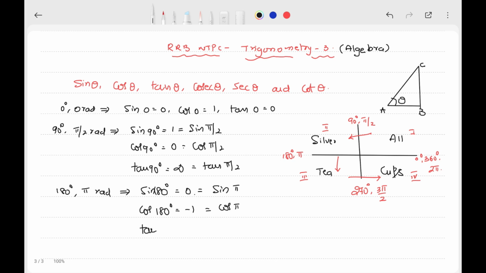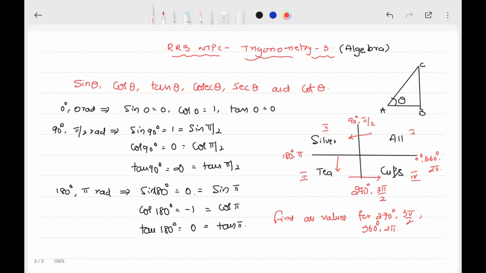Then tan 180 degrees is equal to 0, that is tan pi. As homework, find all the values for 270 degrees or 3 pi by 2, and 360 degrees or 2 pi.